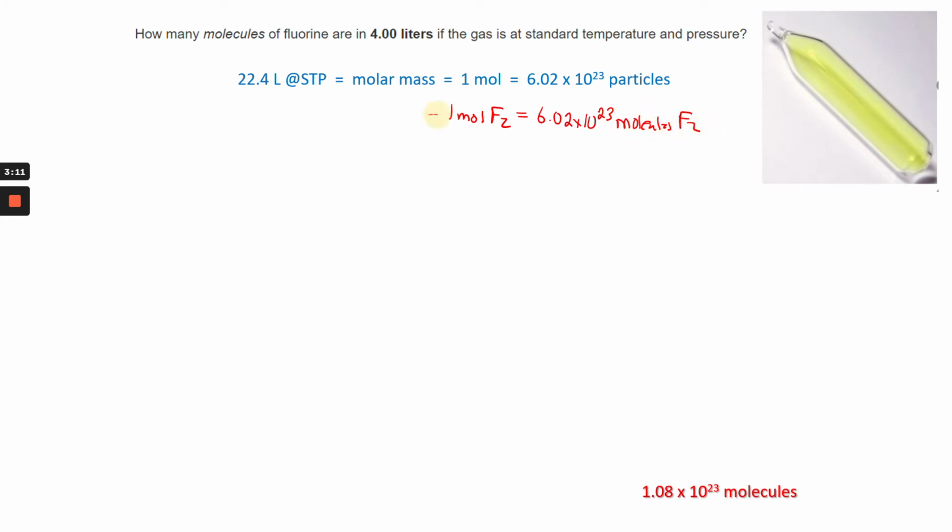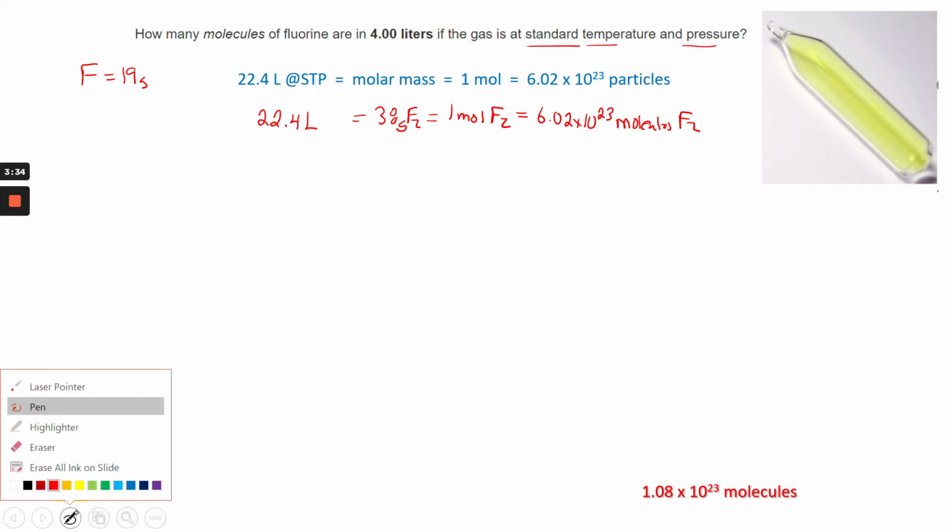Now, I don't need to know what it weighs. F weighs 19 grams, so F2 weighs 38 grams. Not needed for this question, and it would occupy a volume of 22.4 liters under these conditions because it is at standard temperature and pressure, STP.